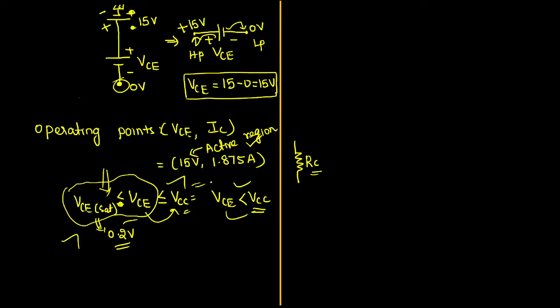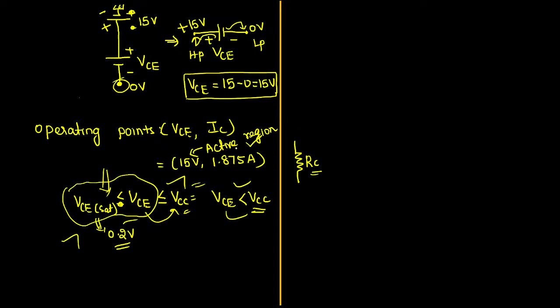I hope you, sorry, not saturation region, active region. Sometimes our mind will be automatically going to an unconscious state. Okay, so let us move on to the next question.